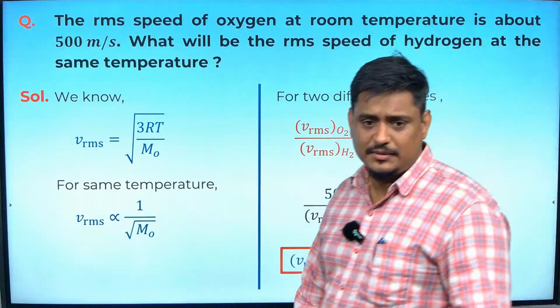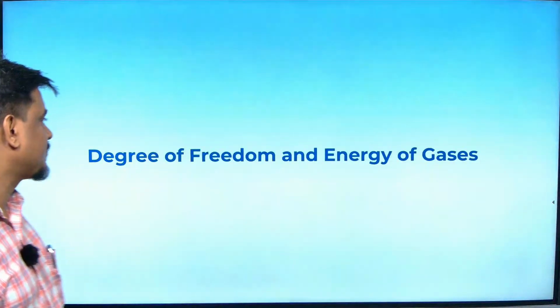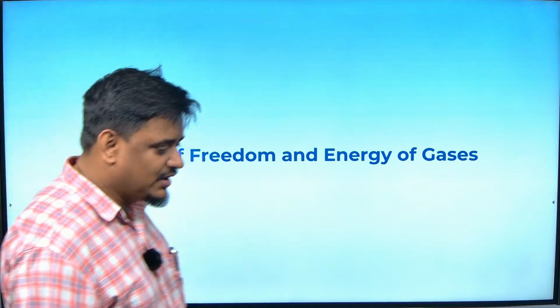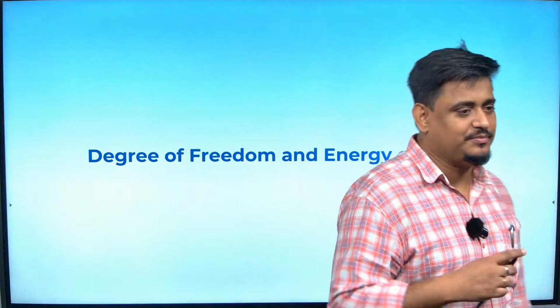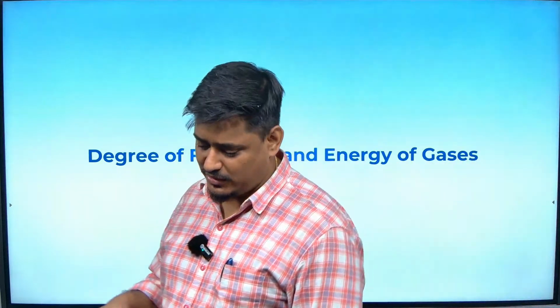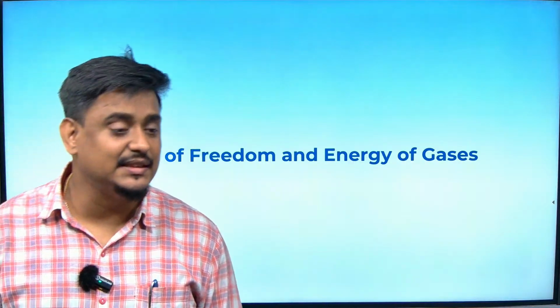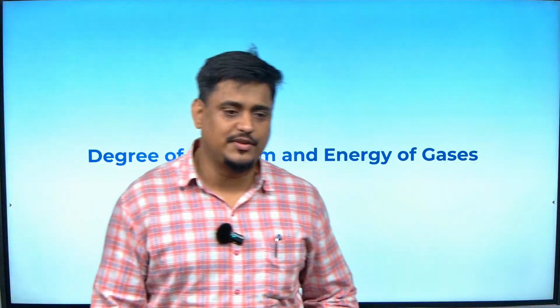Shall I proceed further? Yes. So now comes the next part of this chapter, which is degree of freedom. Interesting topic, simple topic also. You must understand that gases exist in different forms. We have monatomic gas where there is only one atom. We have diatomic gas where there are 2 atoms.